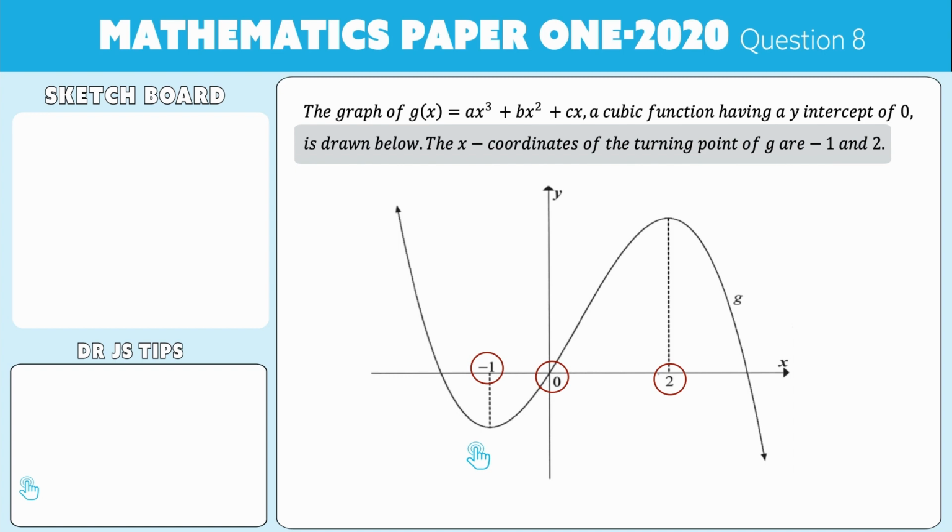If A is positive, the cubic can lie like that, which means the leading term is positive. If it lies like this, it means the leading term is negative. So first of all, look at the shape of the graph. That's the first thing we do.